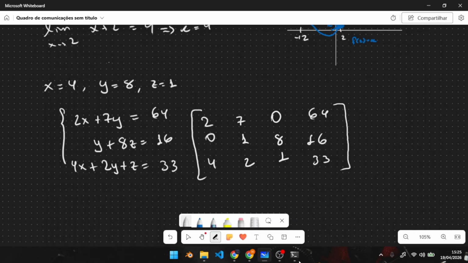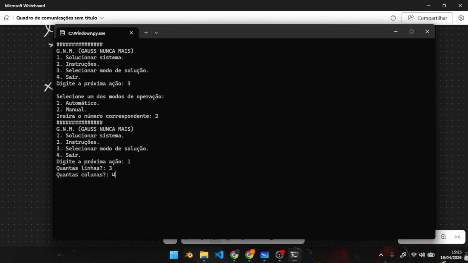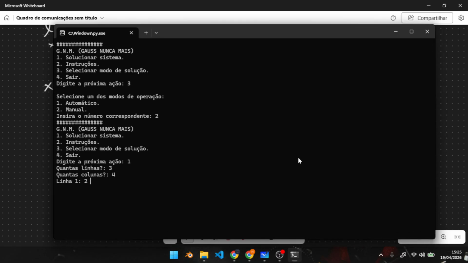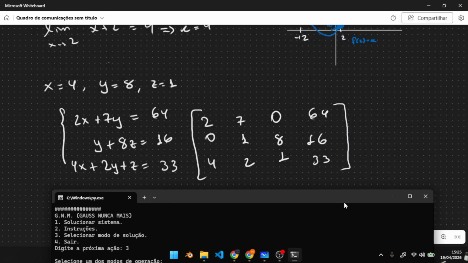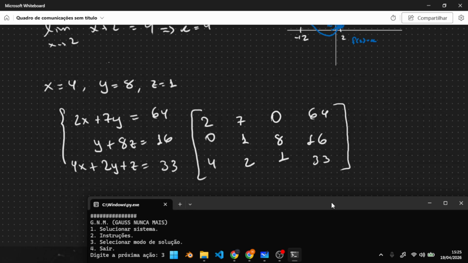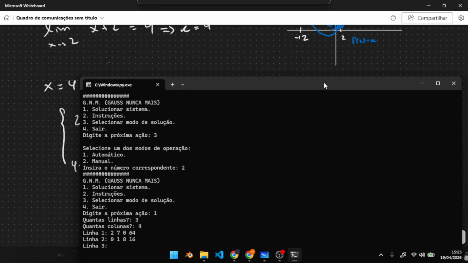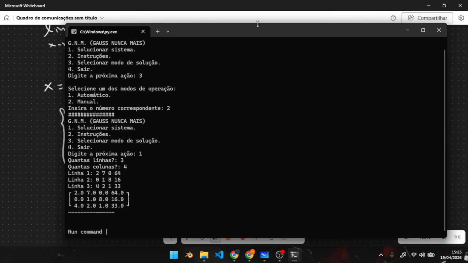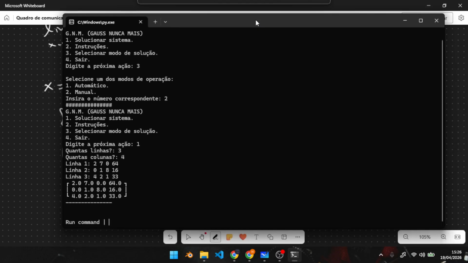This is a 3 by 4, and then you put the numbers: 2 7 0 64, 0 1 8 16, 4 2 1 33, and then it builds the matrix for you. There you go, just like we have here.